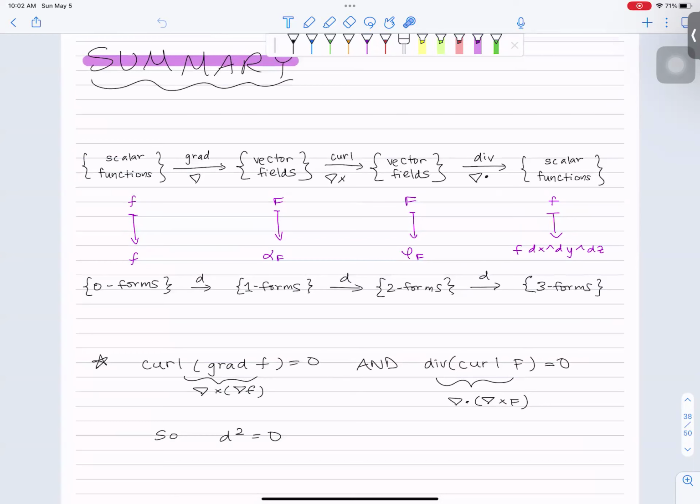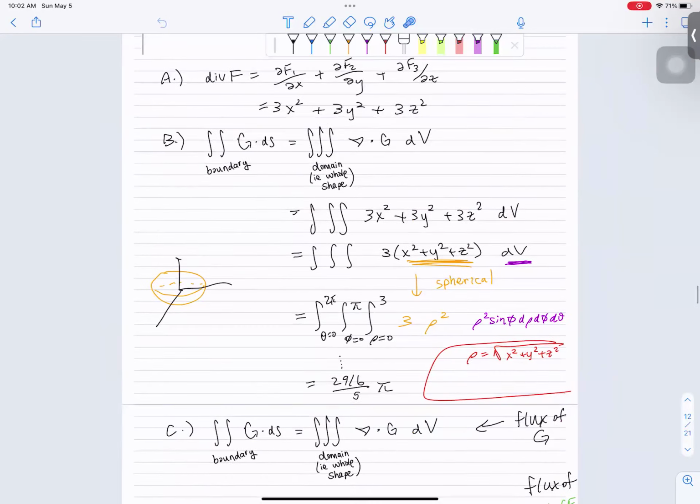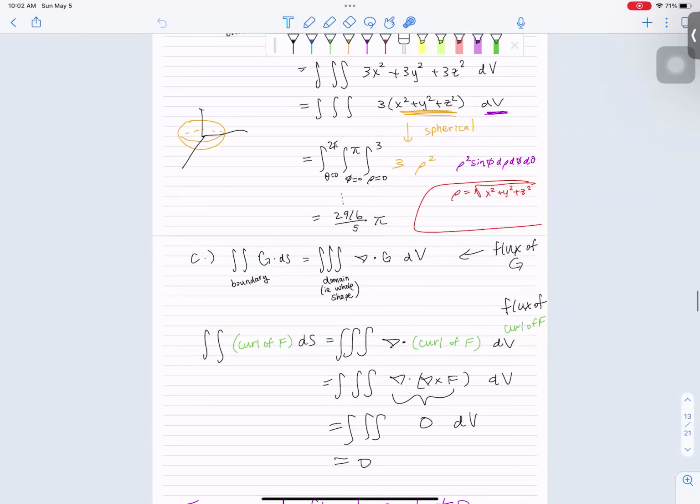Could you repeat why we took the divergence for the flux of curl for part C? Yes. We have a closed 3D object, so that allows us to use the divergence theorem.